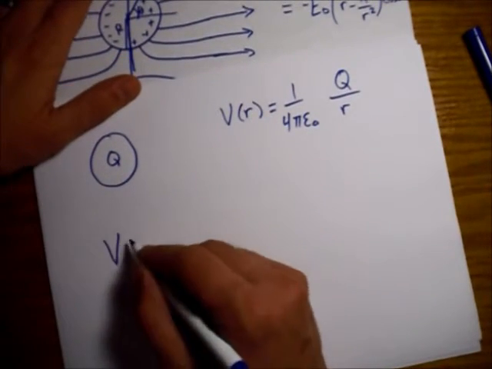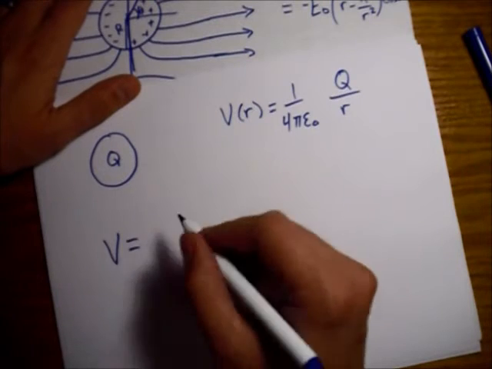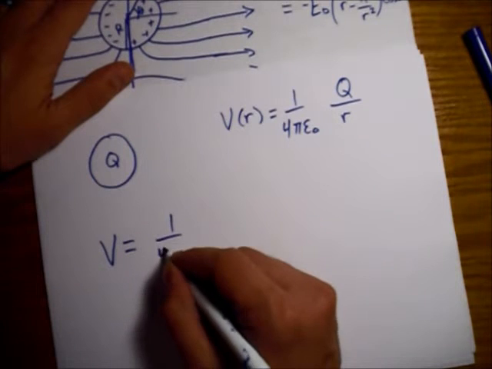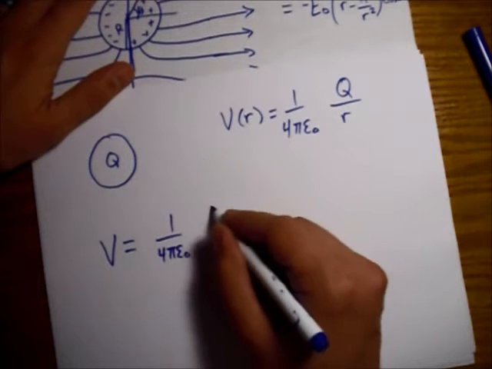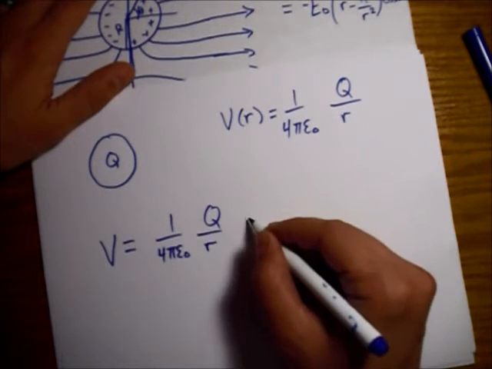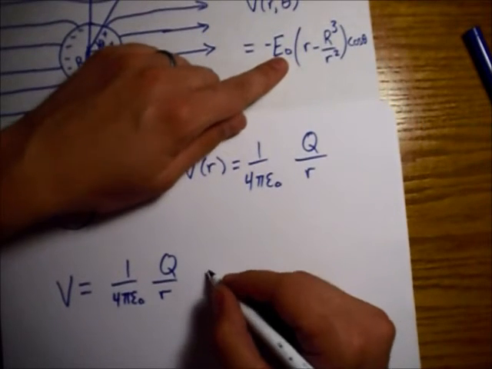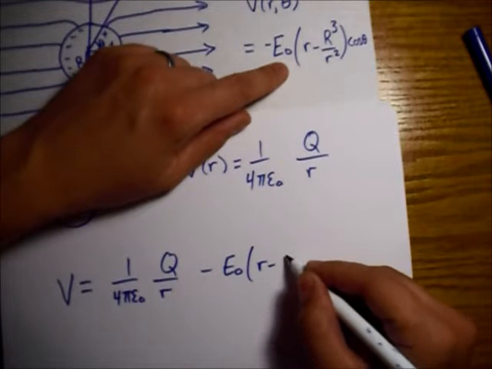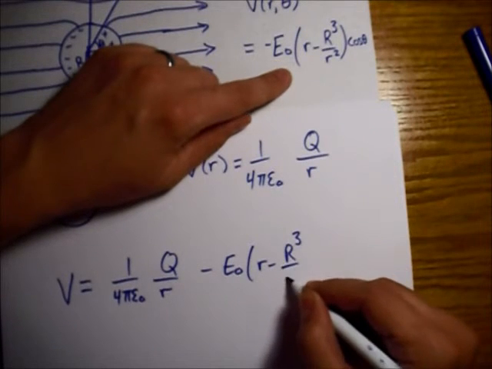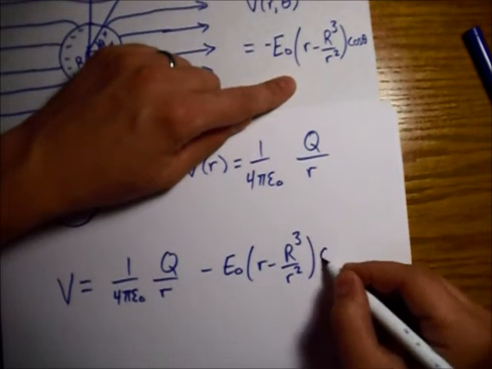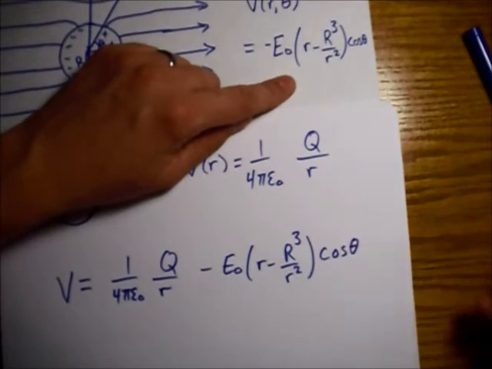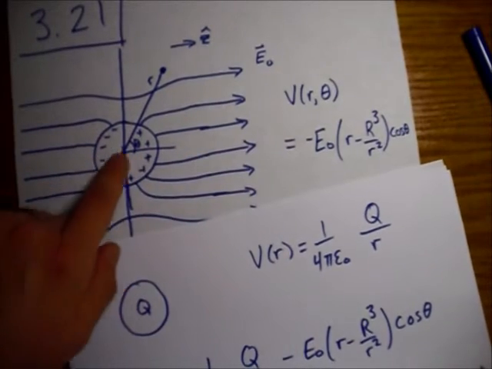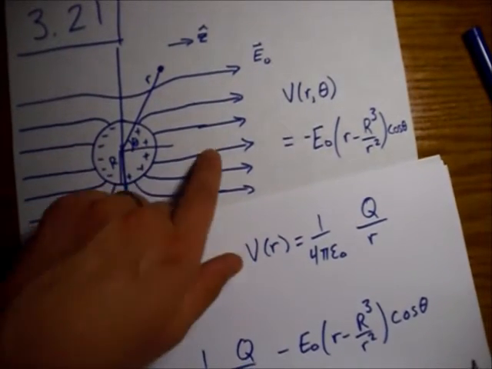Our answer is just the sum of these two potentials: 1 over 4 pi epsilon naught, big Q over r, plus minus E naught, times little r minus big R cubed over little r squared, multiplied by cosine of theta, where again this theta is this angle right here with respect to z.